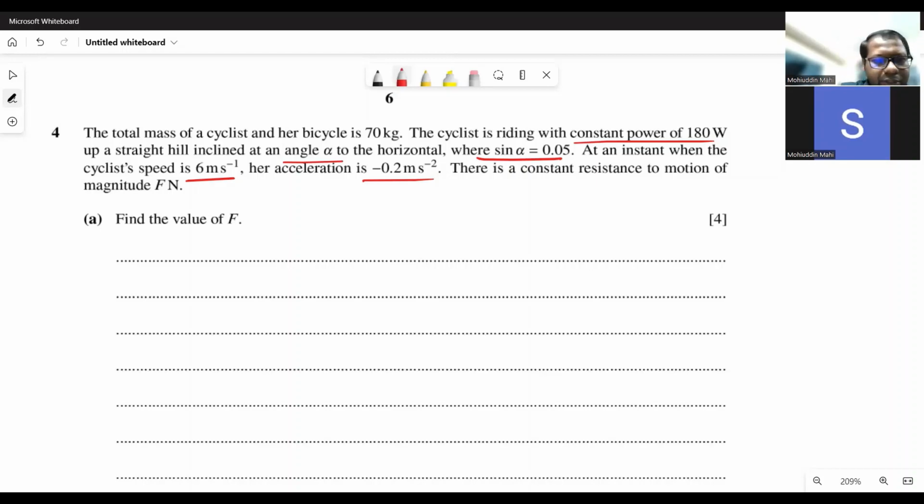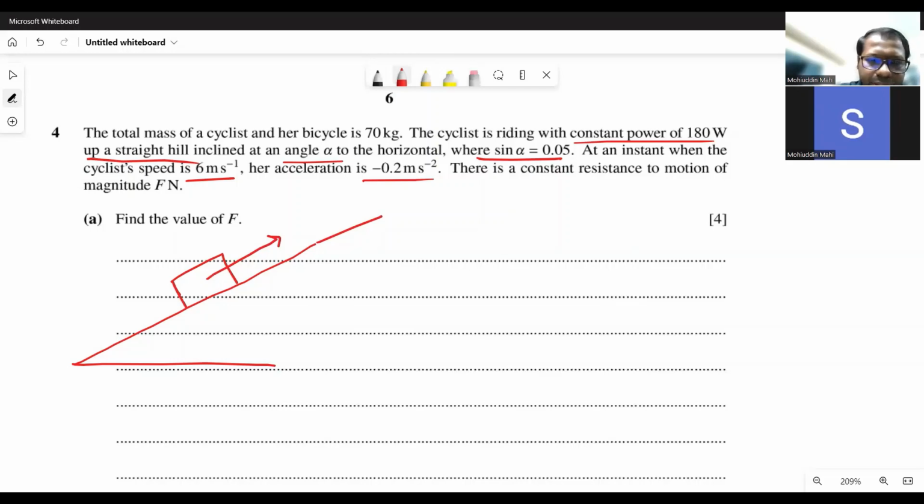At first, let's draw a figure to understand the scenario here. Say, for example, this is the cyclist and her bicycle, and she is moving up a straight hill. That means she is moving in the upward direction.